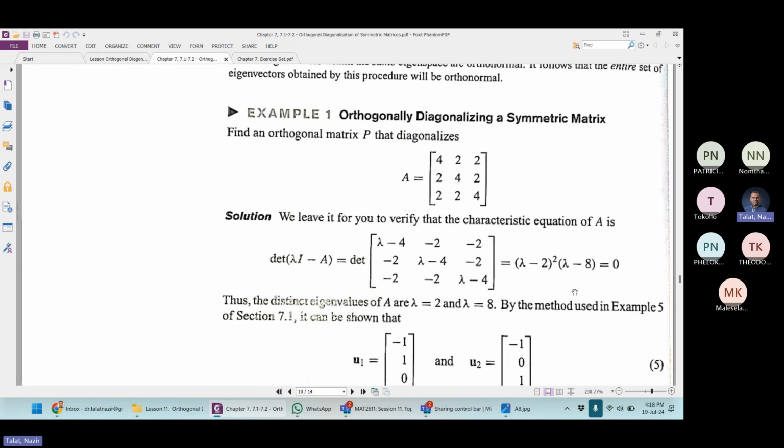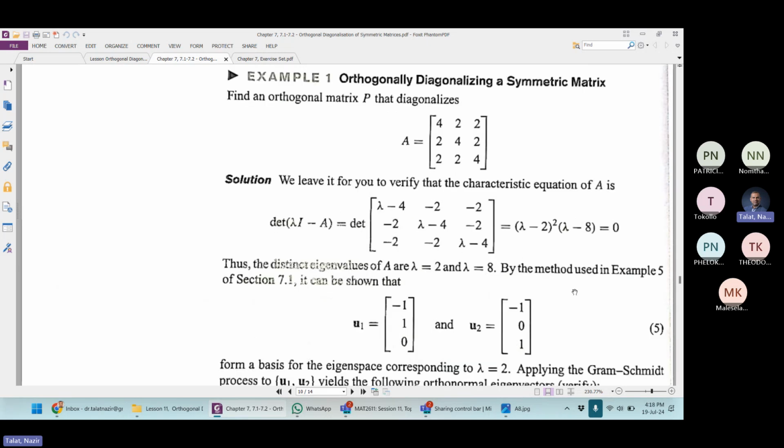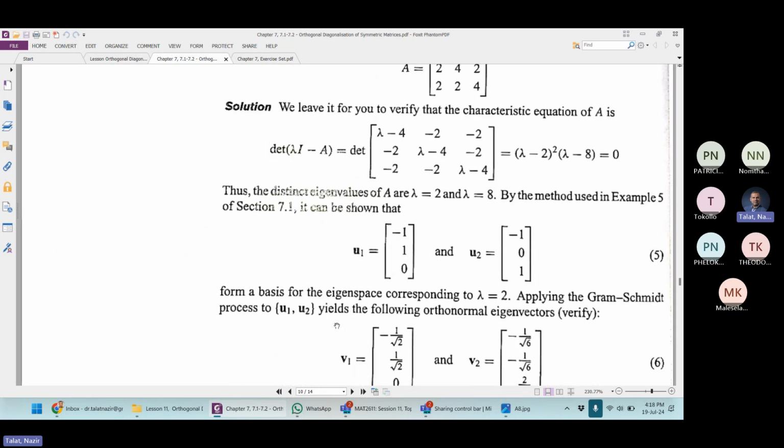Now from these eigenvalues, if you find the eigenvectors by applying the previous method of how to find an eigenvector, for lambda equal to 2 we get u1 and u2. These two are the eigenvectors we obtain from this.